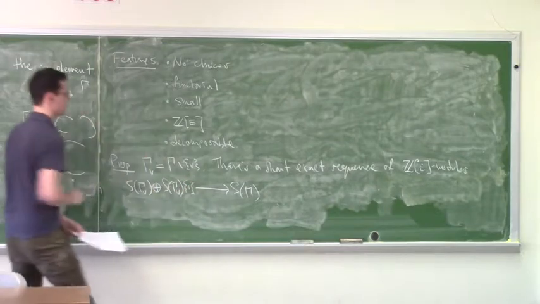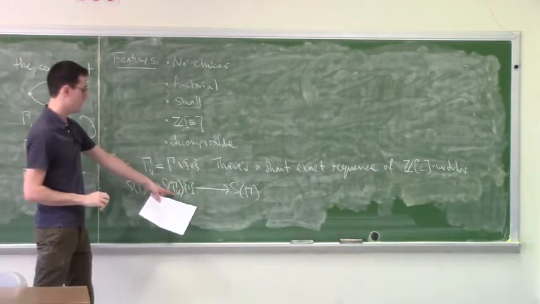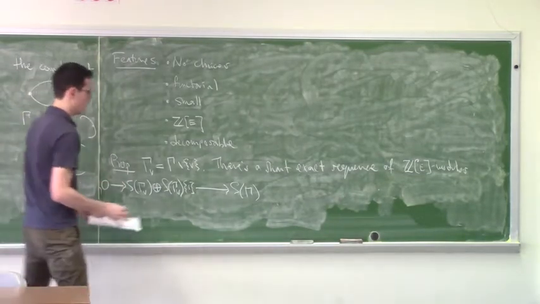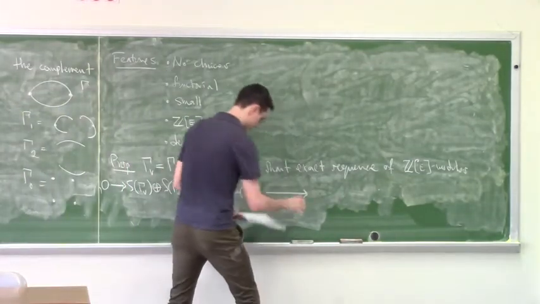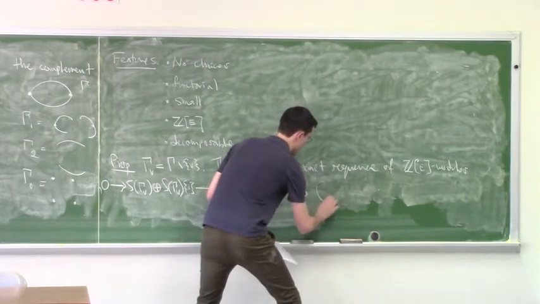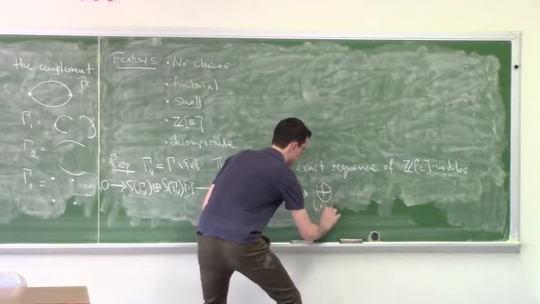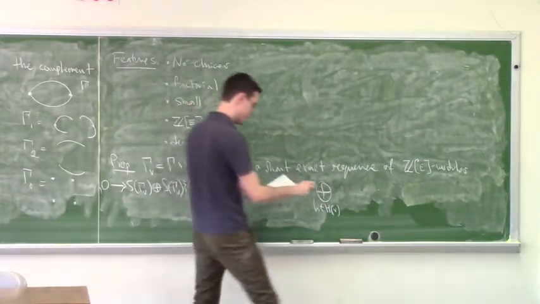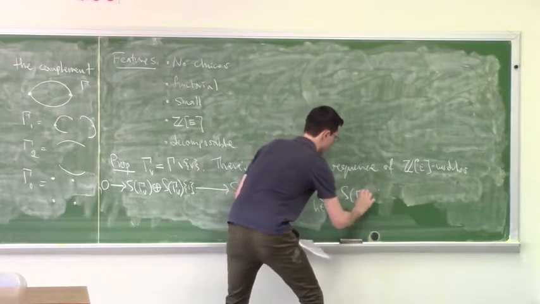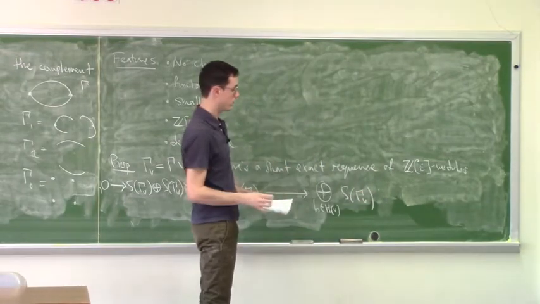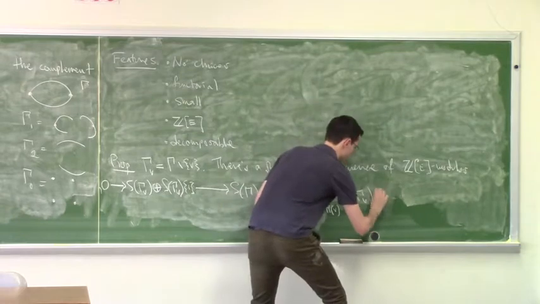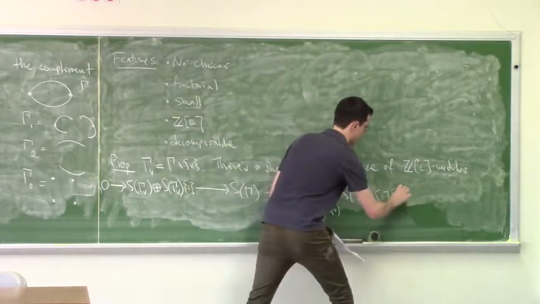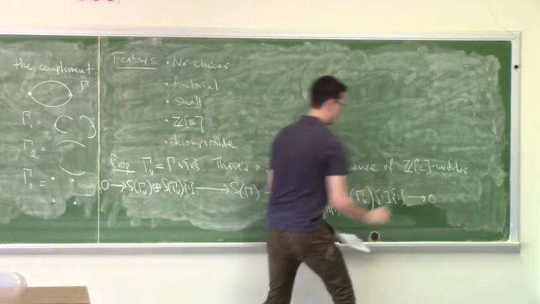I'll put curly braces 1 to mean that I've shifted the cardinality grading by 1. And then over here is a direct sum over the half edges that live at the vertex that I deleted of copies of the complex for the deleted graph, with a shift in homological degree by 1 and in cardinality degree by 1.